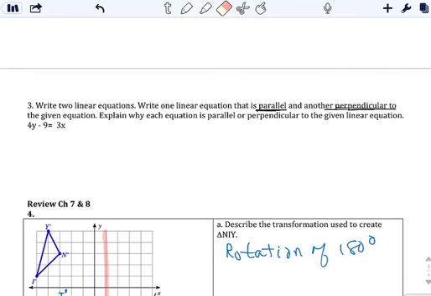Okay, that's fine. The slope has to be the same in the y. I got the whole... Anything.